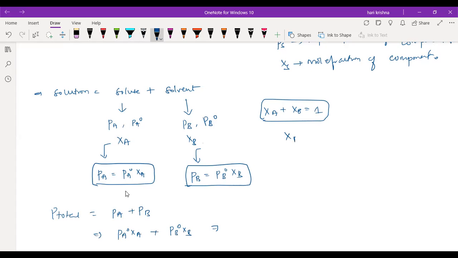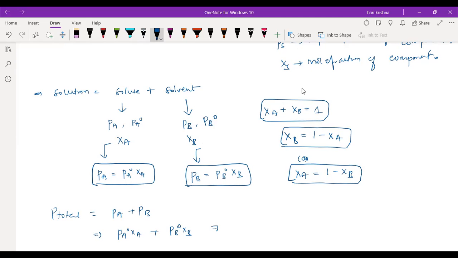Can we write XB equal to 1 minus XA, or XA equal to 1 minus XB? The mole fraction of the solution is completely 1.